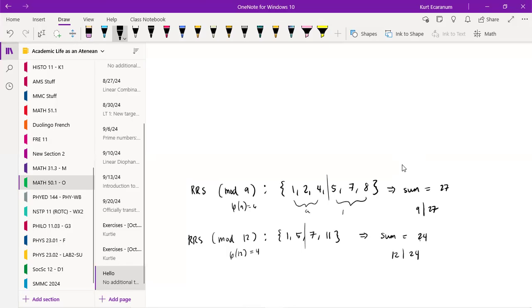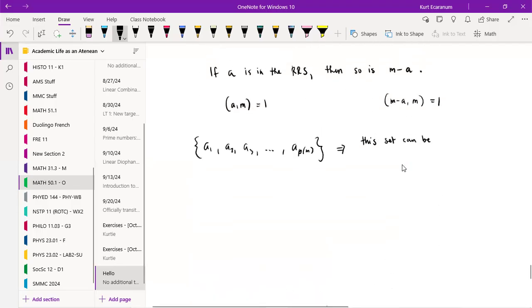And then ito, yung magiging M minus A na counterpart, as well as these. Ayan. I think nagigets nyo naman na. So, again, this set can be divided into two disjoint subsets.